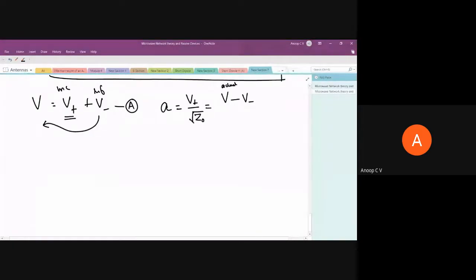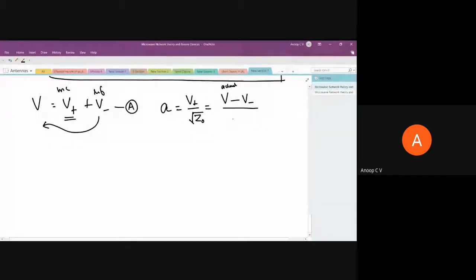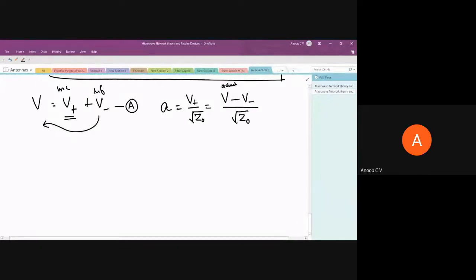If you have some instrument to measure the voltage at each and every point of the lumped or distributed network, that actual voltage will be the sum of incident and reflected voltage, right? So A will be V minus V minus, divided by root of Z naught. This is what they have written. This is also right. And when you normalize, it becomes V minus, the V reflected, right?